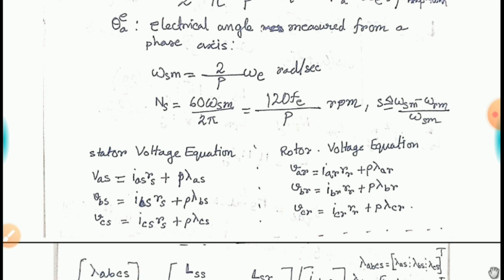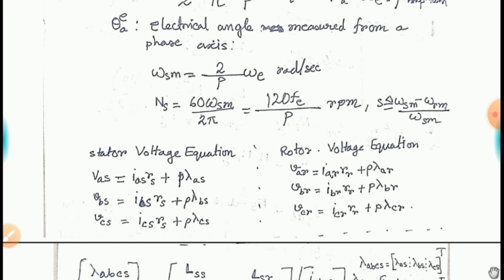And that kind of online operation is possible, means you don't have to stop the machine to cut down the rotor resistance. During its operation, you can vary the rotor circuit resistance.